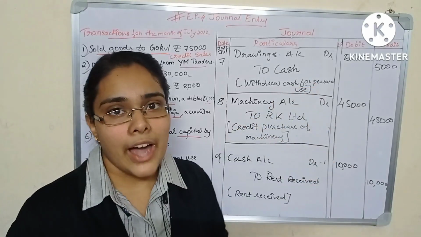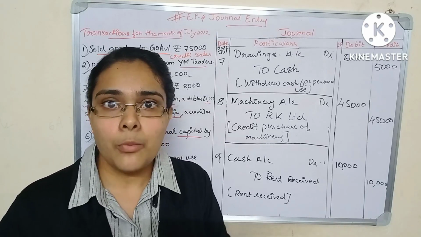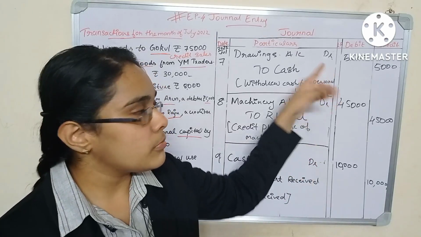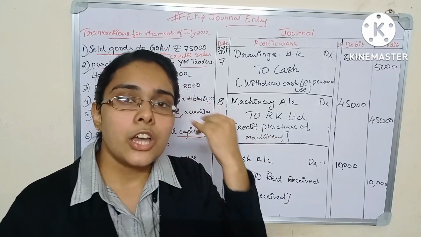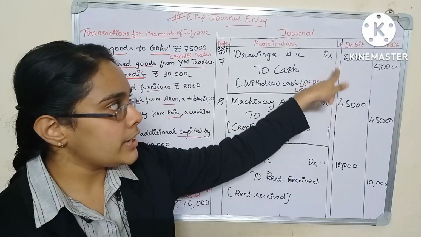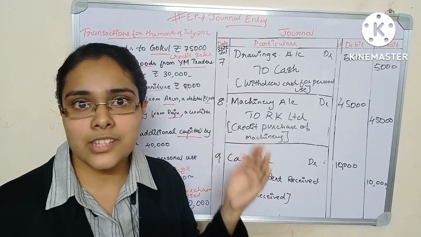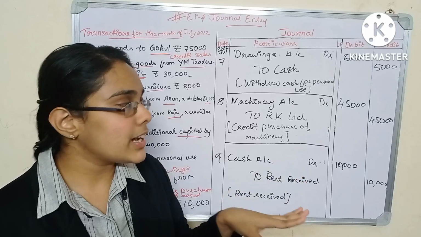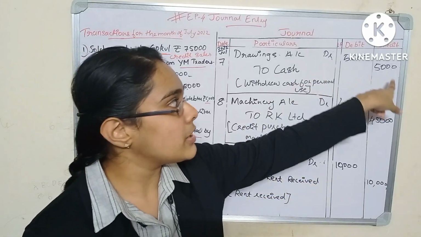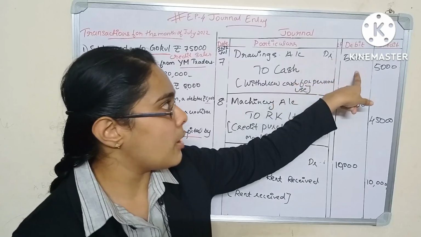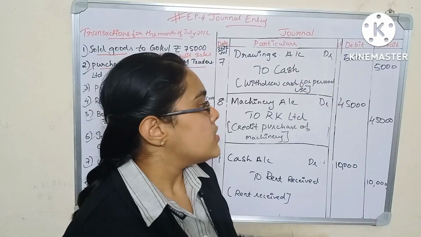The ledger folio is actually to note down the number of the ledger account appearing in the ledger book. If you are practicing as an accountant, you can write the number here looking at the ledger book. But for now you don't have such a book, so this column is left blank. And you have a debit column and a credit column to record the amounts as per the aspects of the transaction. Okay, so this is it.